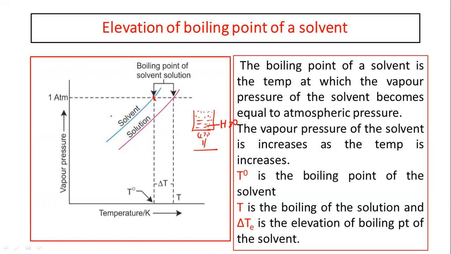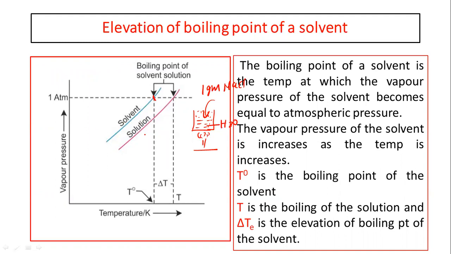So here T0 is the boiling point of the water. Now in that same solvent, if we add some quantity of solute, for example 1 gram of sodium chloride, the vapor pressure is reduced and it now becomes the solution.